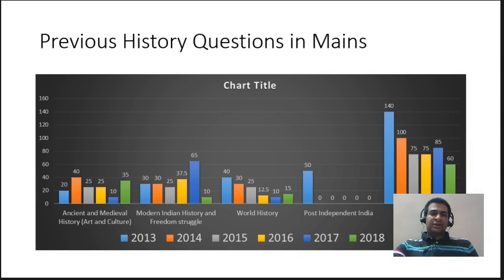Again, the further breakup, you can see it here in ancient and medieval, modern, that is freedom struggle and world history, and post-independent history we can see declining weightage and almost nil questions are being asked in the recent past, whereas the majority of the questions, maybe half of the questions, are from your modern Indian history, that is freedom struggle.